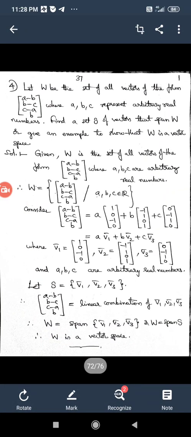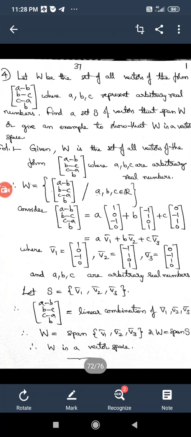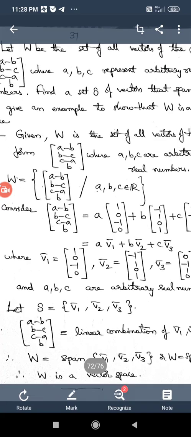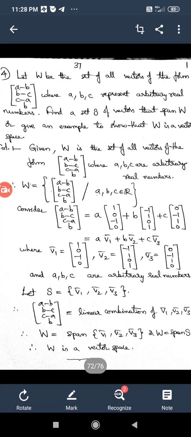That leads us to the conclusion that (A minus B, B minus C, C minus A, B) is equal to a linear combination of V1, V2, V3. That means W is equal to the span of V1 bar, V2 bar, V3 bar, or as we have taken that set V1, V2, V3 as S, we can also write W is equal to span S. So W is equal to the span of those vectors, that means W is a vector space.